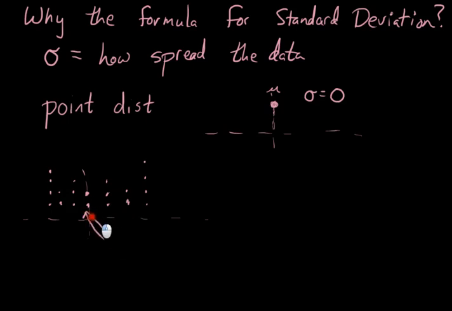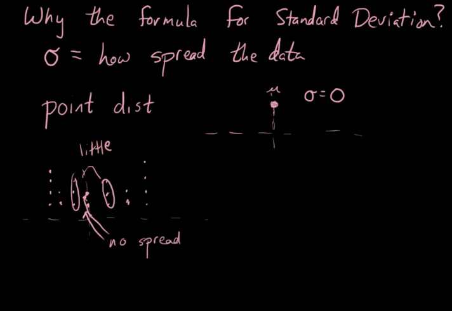These 2 points right here, because they're equal to the mean, are not going to give us any spread at all. If I look at the ones just to either side, I should count these somehow as being a little bit of spread.